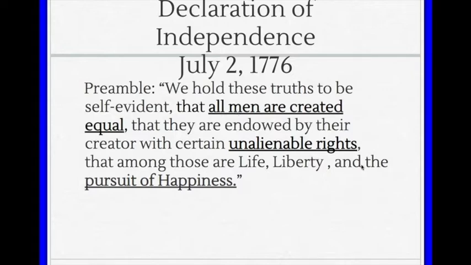Also in the preamble, we have that among those are life, liberty, and the pursuit of happiness. Originally, the preamble stated the pursuit of property and not the pursuit of happiness. Locke argued that all men were entitled to life, liberty, and property. But this idea of property was changed.